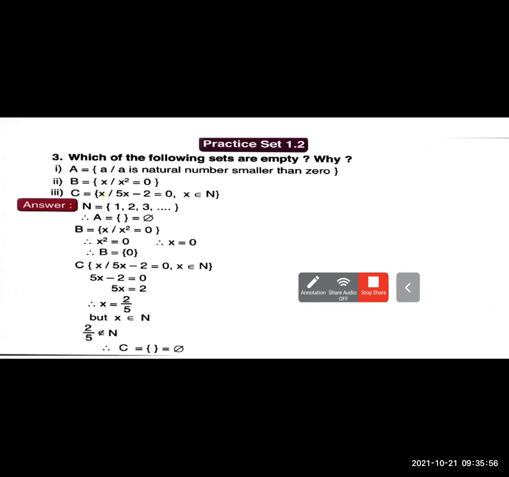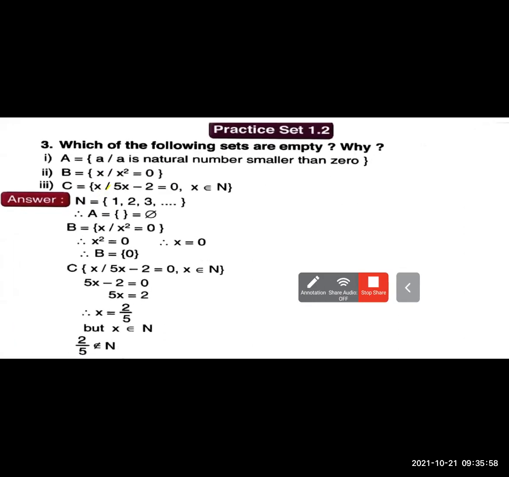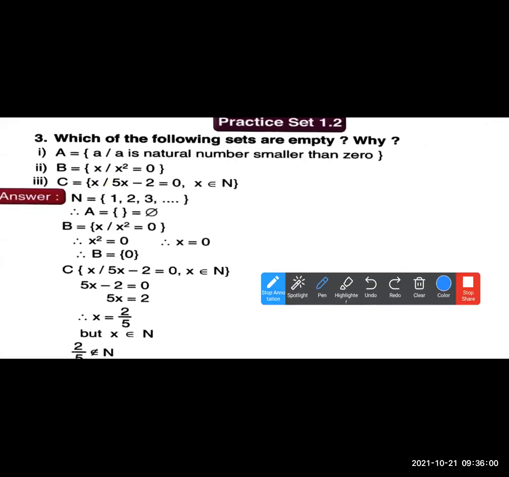Natural numbers are 1, 2, 3, 4 and so on. But how many natural numbers are smaller than 0? There is not a single element smaller than 0. Therefore, set A is an empty set, or you can write phi also.